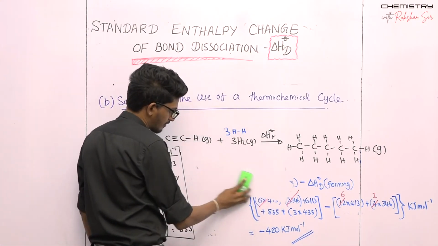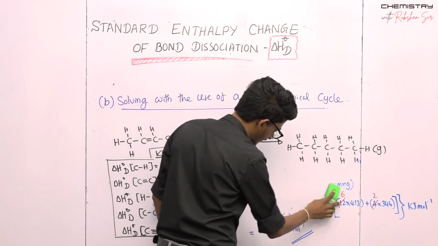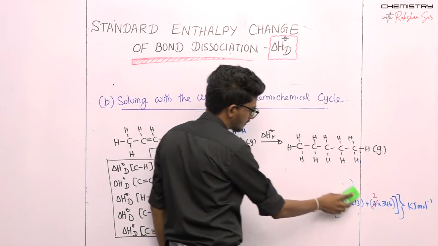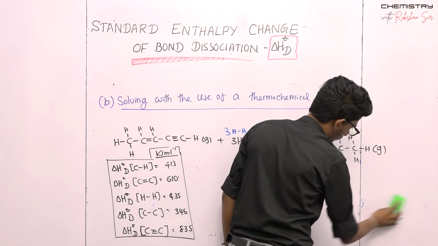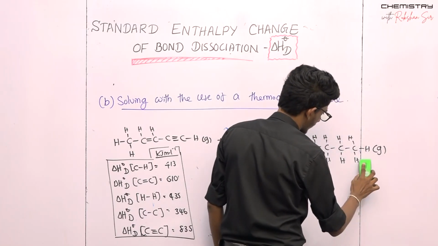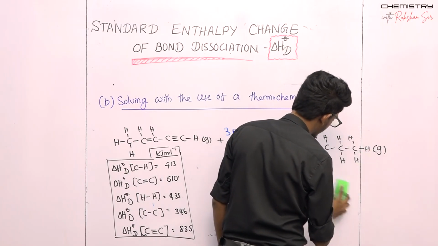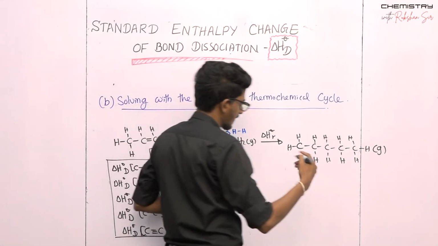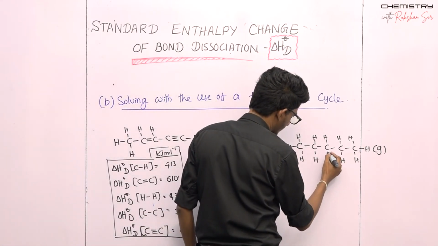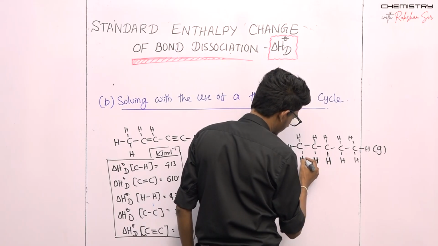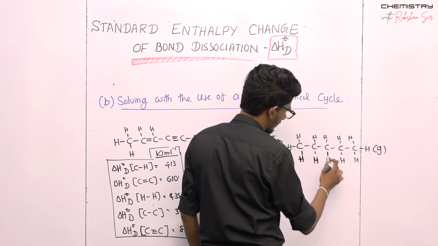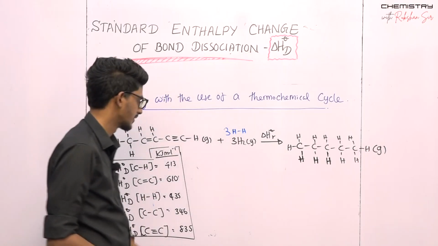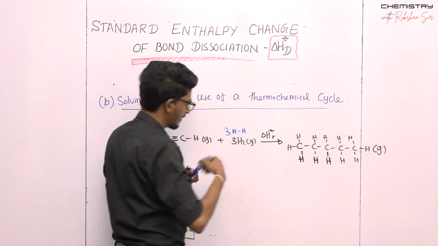So what we need to come up with is actually the imaginary state now. The problem is given. So the first thing to do when constructing a thermodynamic cycle is to come up with the thermodynamic reaction related to the goal. This is the goal which we are supposed to find out.